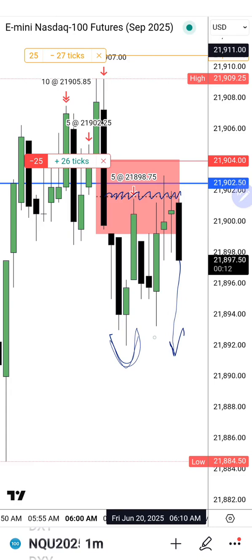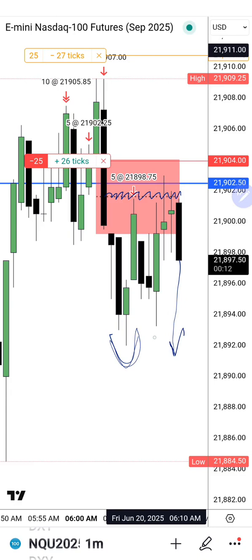And then when we took out this low, and I told you I wanted to see it accelerate, once we had this little touch right here of the SIBI, it's this right there. Once we get that, I wanted to see it sell off and aggressively run for this low. And we've seen that.